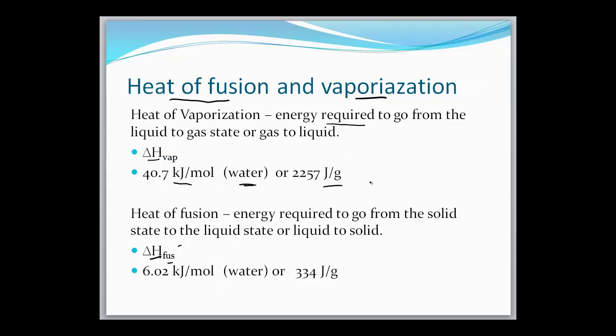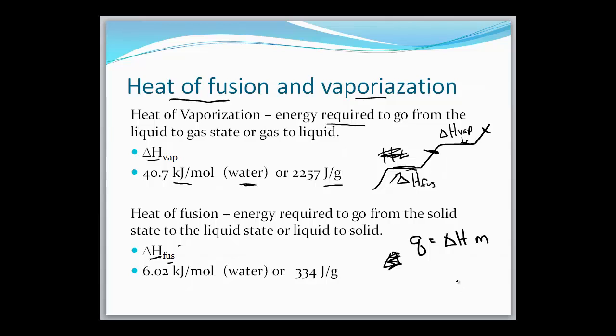So for example, when you're talking about going from liquid to steam, you're going to use delta H of vaporization in your phase change. You would use delta H of fusion when going through the solid to liquid or liquid to solid phase change.